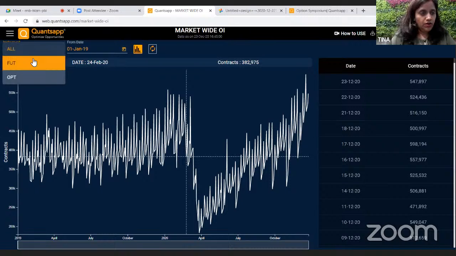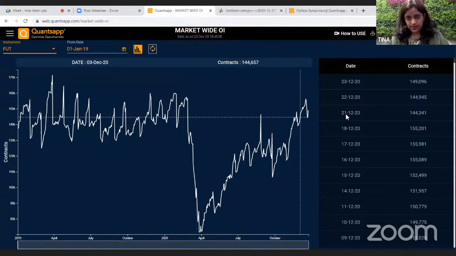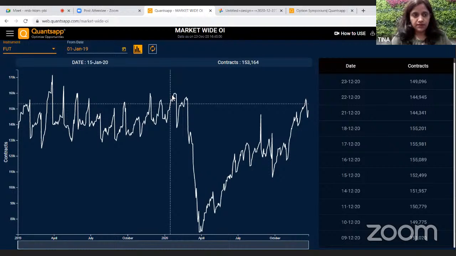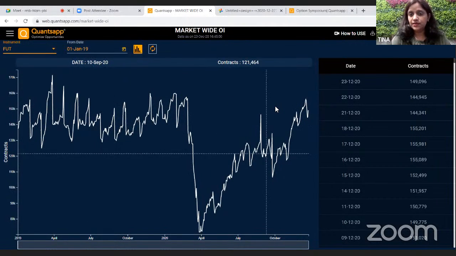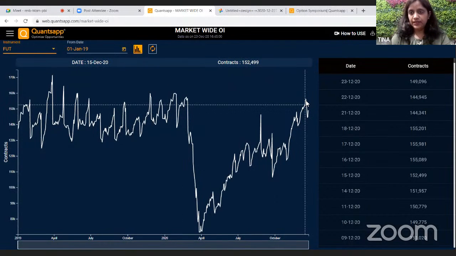If I look at it, I do only futures. This is basically how the participation, the OI, has been in futures. Reasonably, 1,60,000 contracts is the highest point in the last 2 years, and we are nearly there.